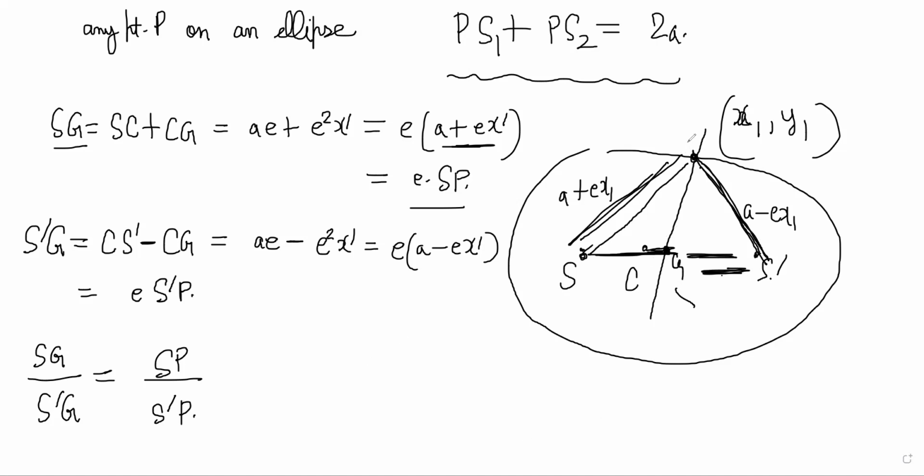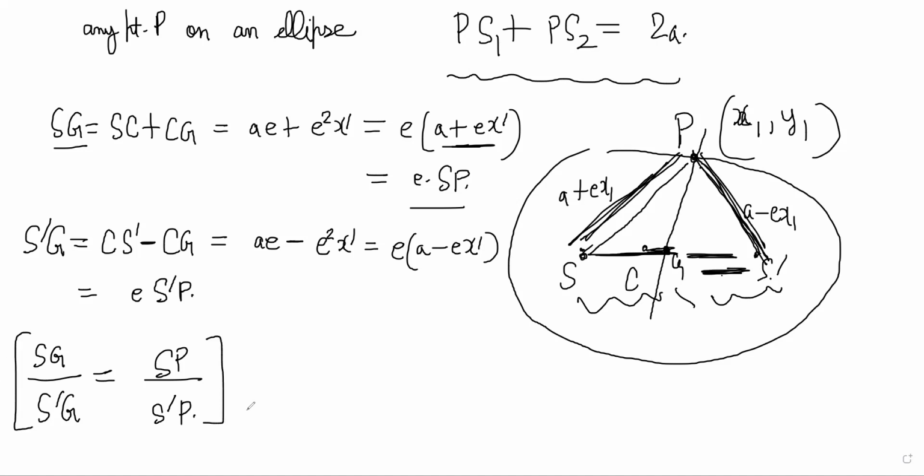Look at a triangle, PSS dash. If you have this by this is equal to this by this, that means this is angle bisector, no? Correct. Angle bisector divides the base into the ratio of the sides containing them, right? So what is happening here?